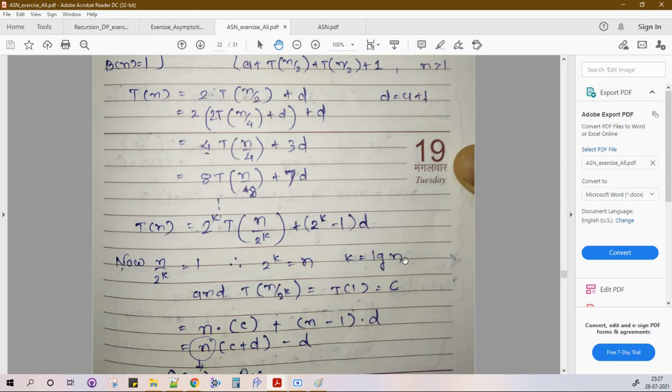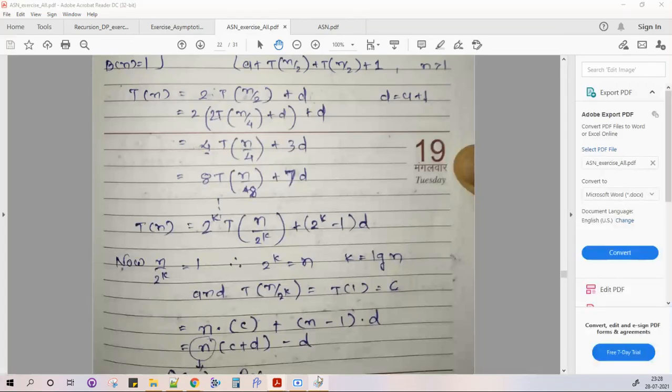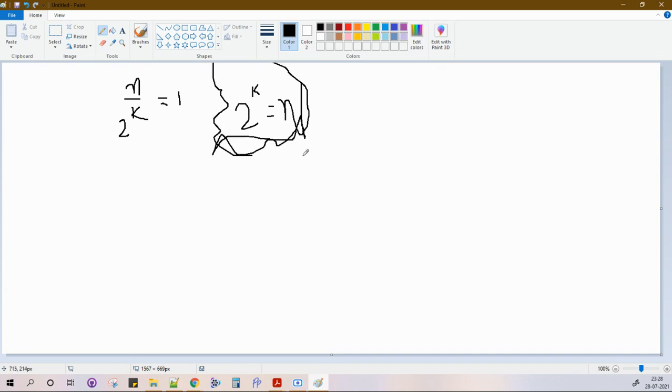Now, when k equals log n, don't put log n here. Don't make this mistake. What we have is n divided by 2 raised to k equal to 1, so I know 2 raised to k equals n. This is very useful information. Don't throw it away. Then I know k equals log n.